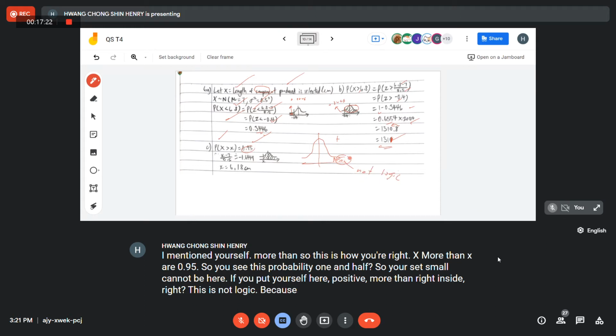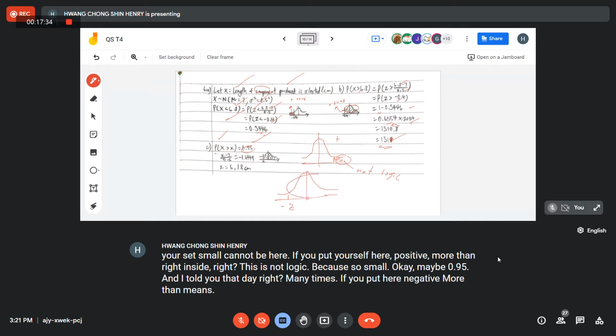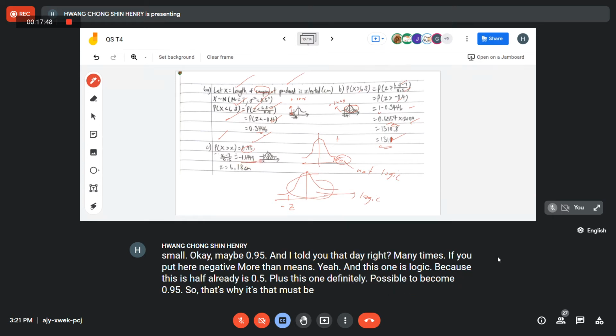Because so small, how can it be 0.95? And I told you that day, right? Many times, if you put here negative, more than means here. And this one is logical. Because this is half already, 0.5 plus this one, definitely possible to become 0.95. So that's why your Z must be negative.